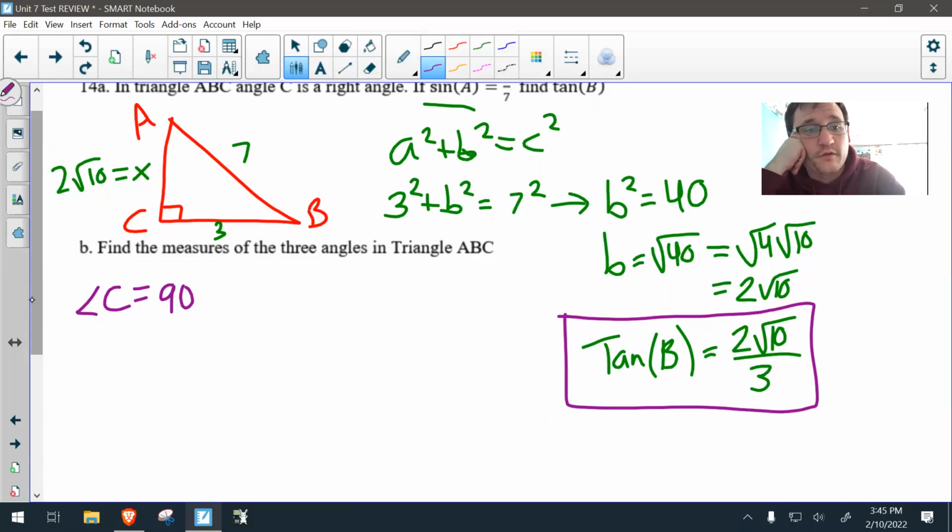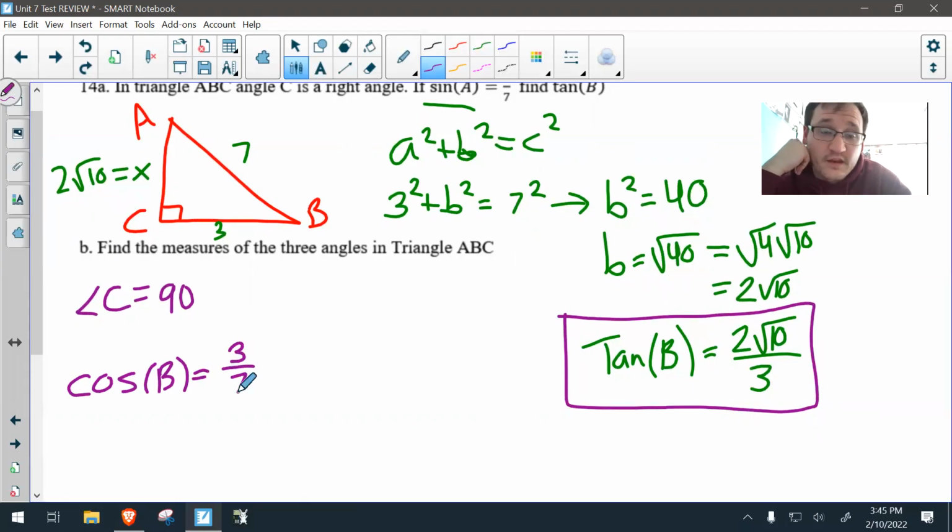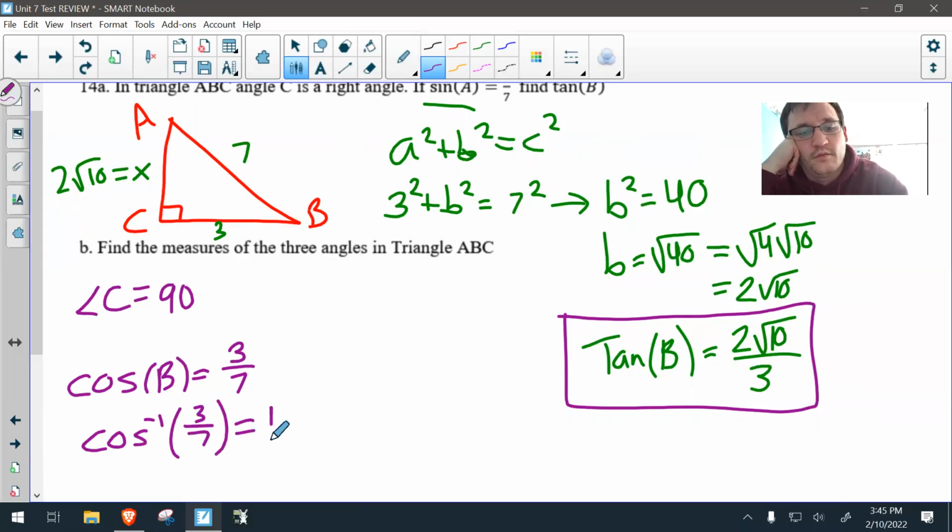Let's take the inverse cosine. So we know the cosine of angle B equals 3/7. Therefore, the inverse cosine of 3/7 equals angle B.